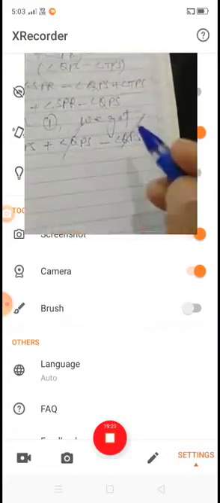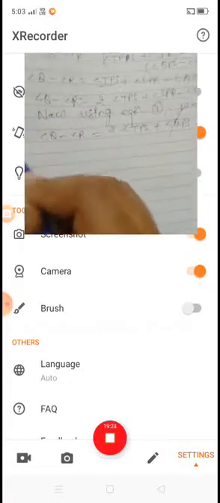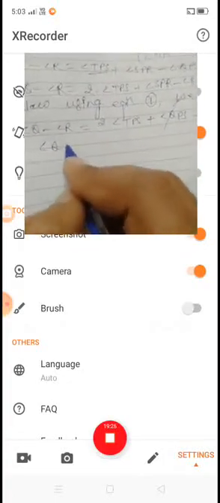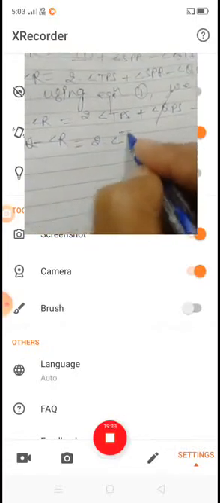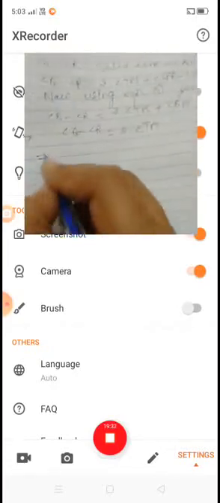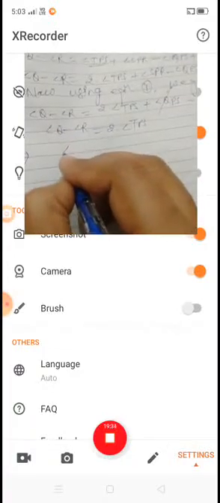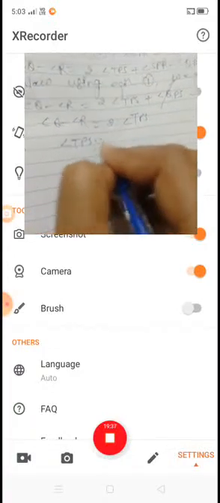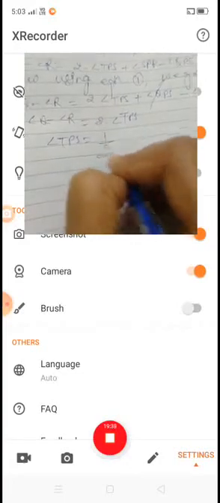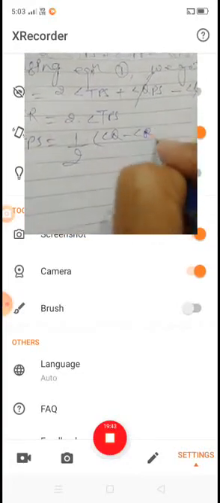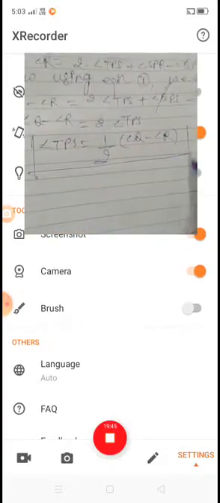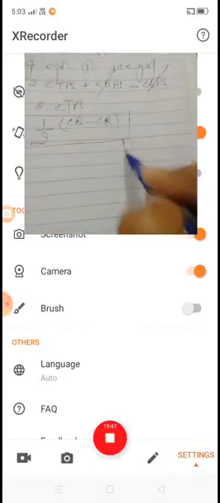Now these cancel each other, so we have angle Q minus angle R is equal to 2 times angle TPS, that is, angle TPS is equal to 1 by 2 of angle Q minus angle R. Hence proved.